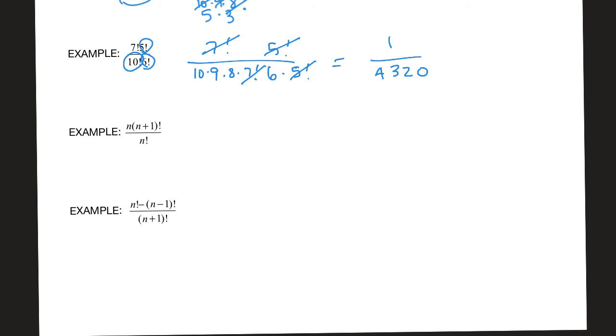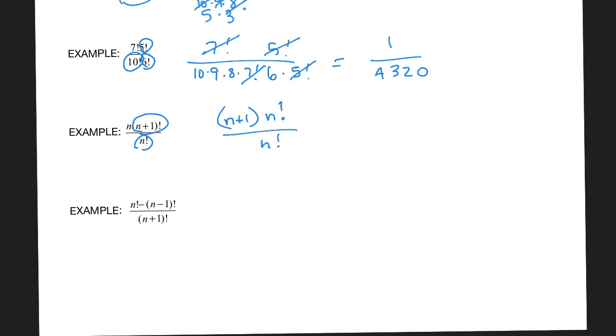Okay, now we're going to apply that same exact concept on this problem. I want to see if I can find the number that is larger. So is n or is n plus 1 the larger? Well, it's the n plus 1, so I'm going to write that as n plus 1, and 1 less than that would be n, which I can write as n factorial.